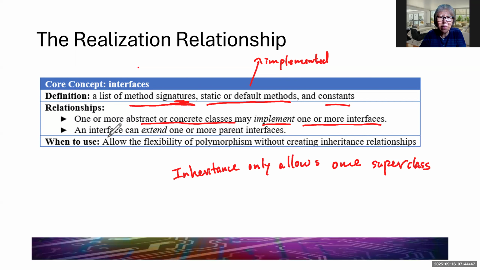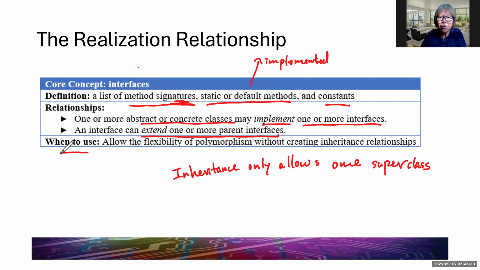An interface can extend one or more parent interfaces. For a class, there is only one parent class, but for an interface it's different. It can extend one or more, so it can have multiple inheritance relationships.